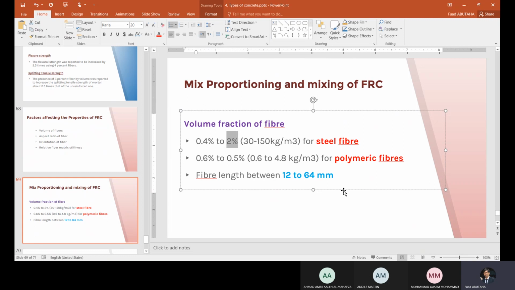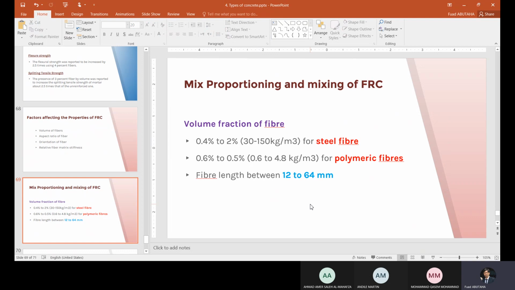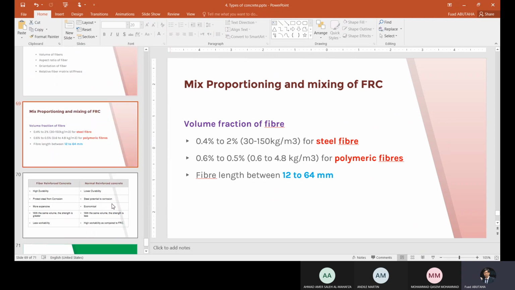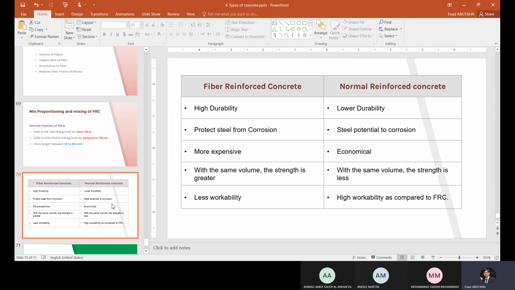For nylon and the other synthetic fibers, the maximum is 0.5%, based on their behavior or effect on the concrete properties. So what makes fiber reinforced concrete different from normal concrete? In terms of durability, for example, fiber reinforced concrete is more durable compared with normal concrete, with and without fibers.